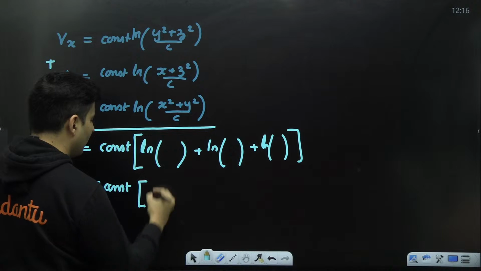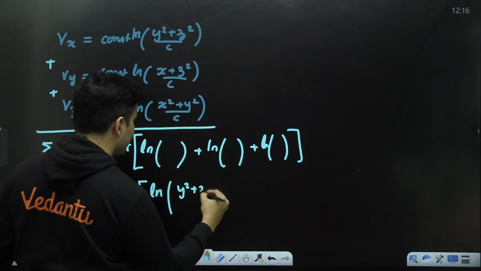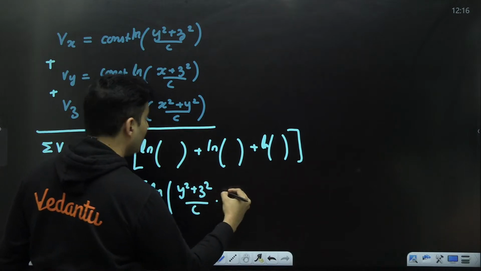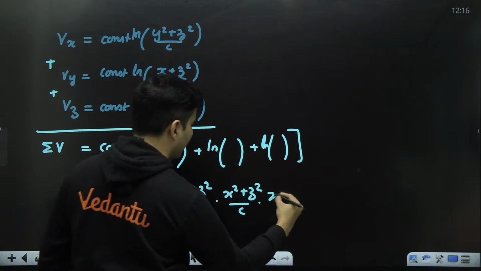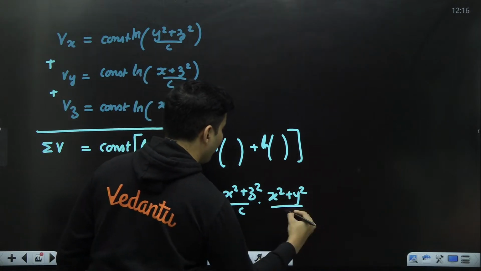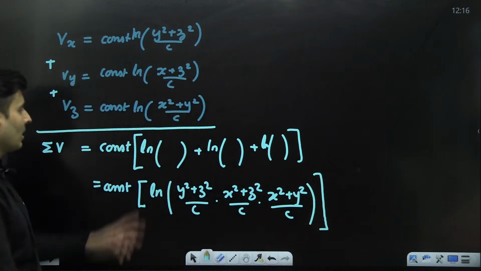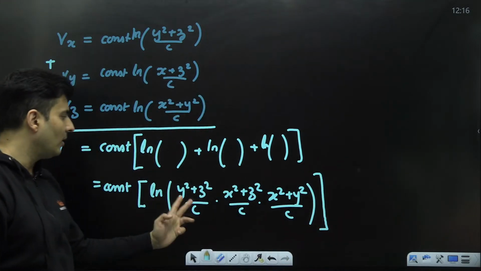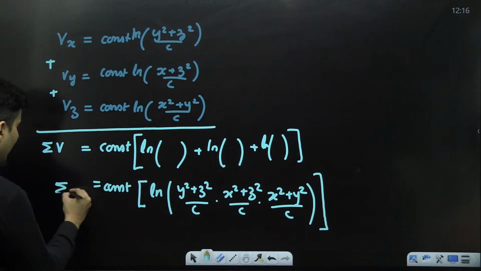So this will be nothing but ln of (y square plus z square by c) into (x square plus z square by c) into (x square plus y square divided by c). That is what I will get, and this is your net potential.